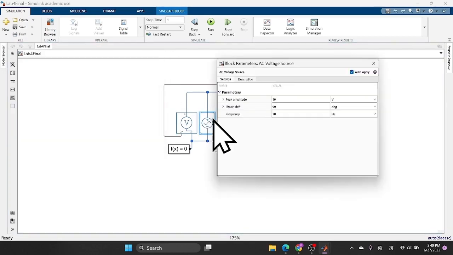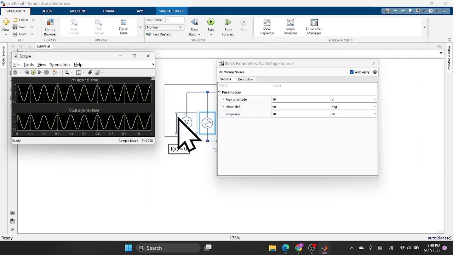We set V in to 10 volts and the phase shift to 90 degrees, because at the beginning the V in and V out graph is a sine graph and we have to change it to a cosine graph to show the amplitude of V in and V out. Another thing is we set the frequency equal to 10, and it will show 10 complete oscillations of V in and V out in 1 second.